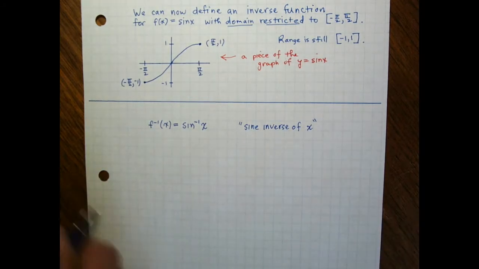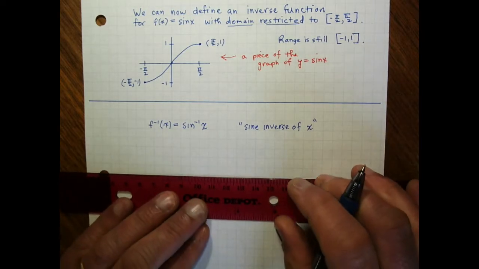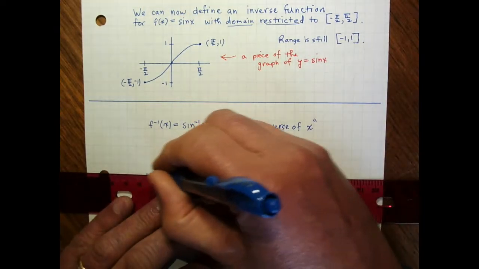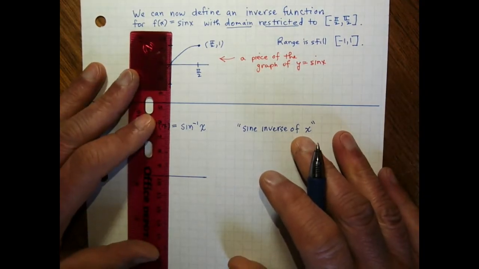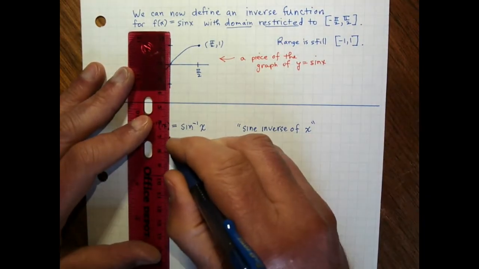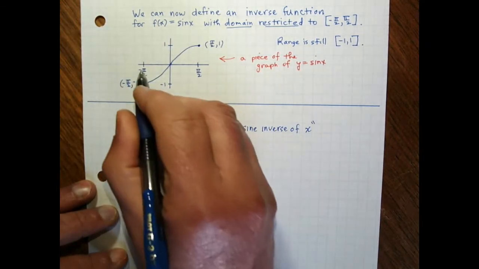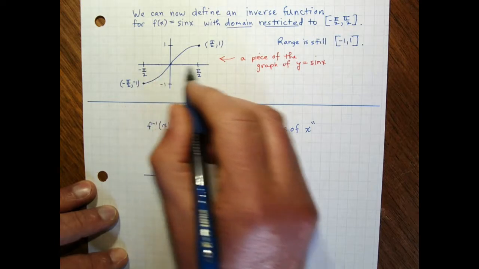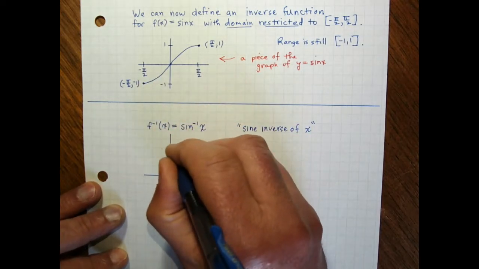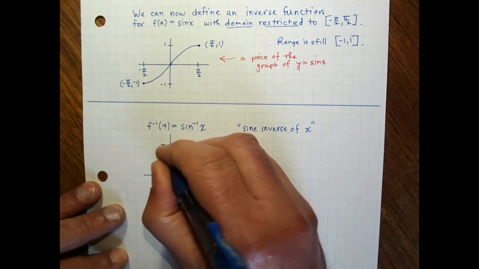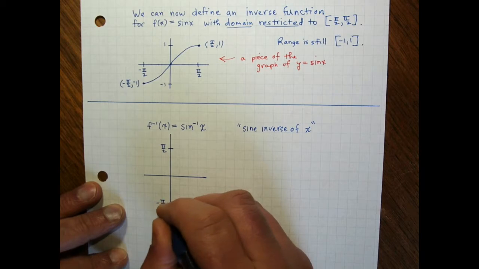And I want to draw a graph. So I'm going to draw a horizontal axis, and a vertical axis. So my values on the horizontal here, the restricted sine, become values on the vertical. So I'm going to have a pi over 2, and I'm going to have a negative pi over 2.